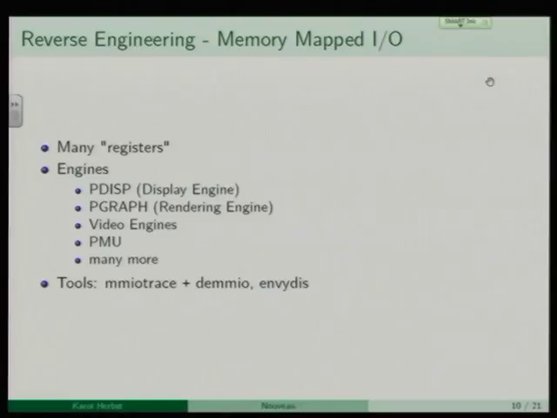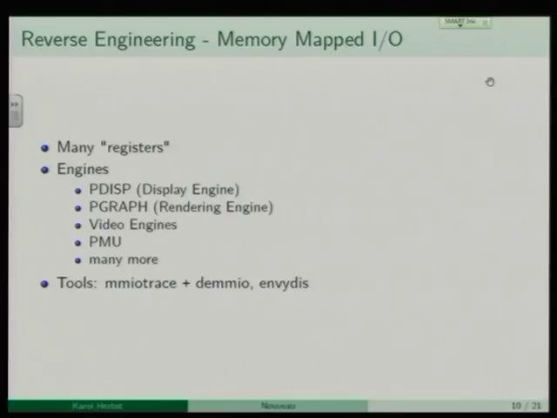There are various engines on the GPU, something for displaying stuff, or the pgraph engine, which is there for rendering. If you're doing OpenGL or OpenCL, it's going through this engine. There are also video engines for accelerated video decoding and encoding.